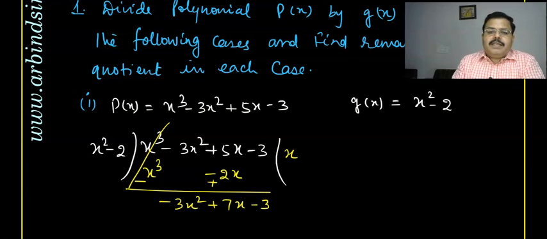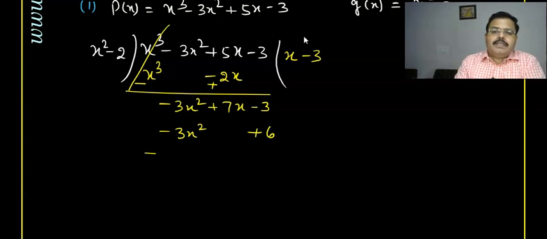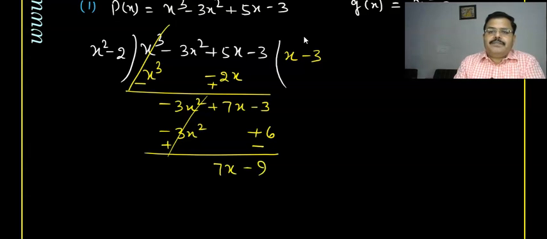We have minus 3x square and x square is there, so we can multiply by minus 3 also, right? So that will give minus 3x square, and minus 3 multiplied by minus 2 is plus 6. If I write it here again, the sign will change. These two cancel out. 7x, and minus 3 minus 6 is minus 9.